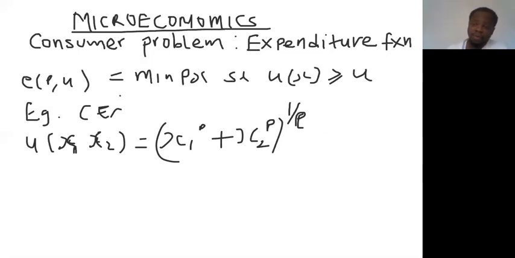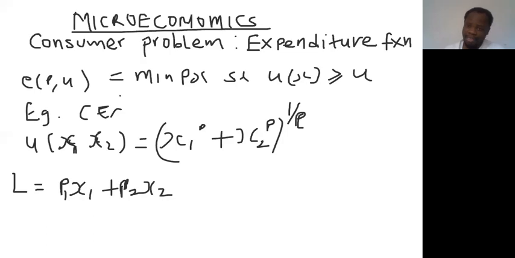So first of all, what you have to do is set up your Lagrangian. Because it is a minimization problem, the Lagrangian starts with the expenditure function we want to minimize. We have two commodities, x1 and x2, with their respective prices, p1 and p2. So p1 multiplied by x1 plus p2 multiplied by x2 gives the total expenditure, right? p1x1 represents the total expenditure on commodity 1, and p2x2 represents total expenditure on commodity 2.